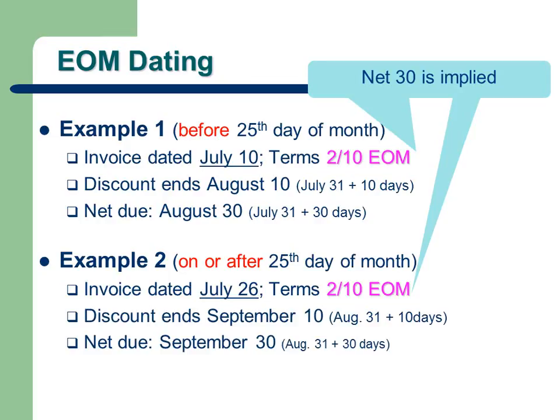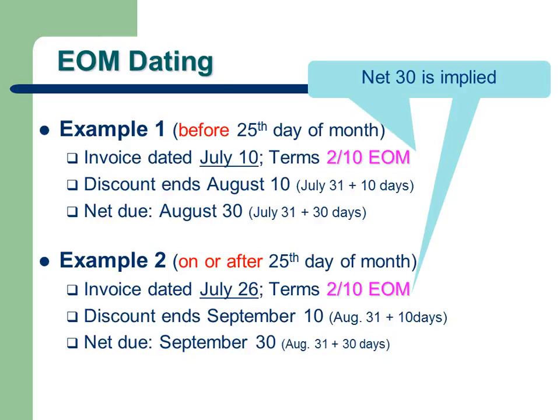On the other hand, in the second example below, the invoice date is July 26th, so it is after the 25th day of the month. So this invoice has to be considered as not a July invoice, but an August invoice, okay? So the EOM, the end of month, is not July 31st, but August 31st, the end of the following month.